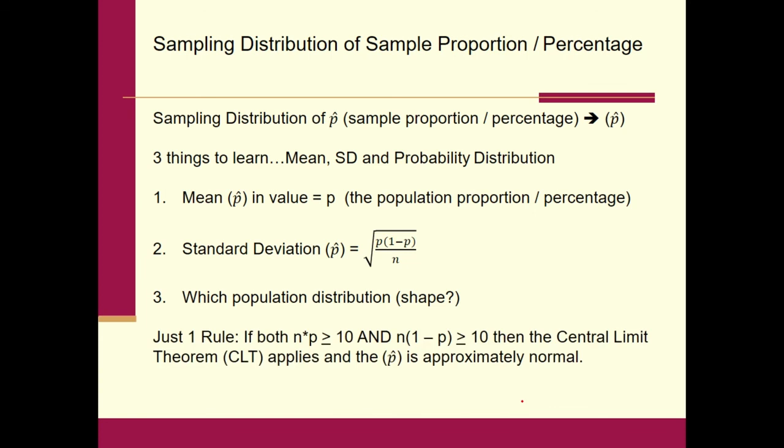So with regards to the sampling distribution of p hat, there's basically one simple rule. Okay. And this rule is really important. It tells us that if both n times p is greater than or equal to 10 and n times 1 minus p is greater than or equal to 10, then the central limit theorem applies.